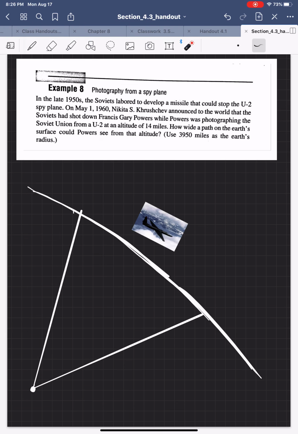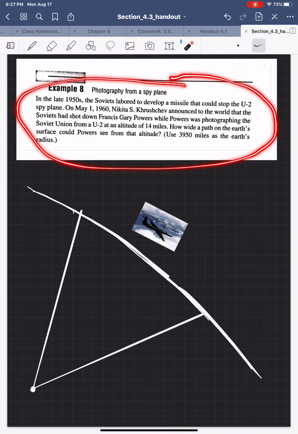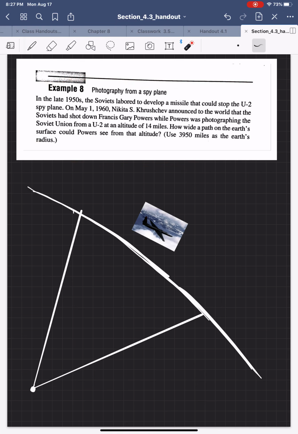Now you can tell from the question itself how old of a textbook I grabbed this question from. Ready? So it says, in the late 1950s, the Soviets labored to develop a missile that could stop the U-2 spy plane. Right?